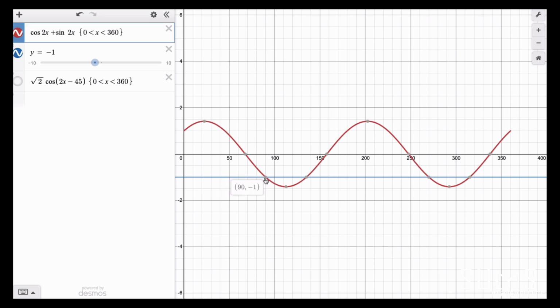If we look at all the points where this graph crosses that line of y equals -1, they're like we calculated: 90, 135, 270, and 315. So we need to divide through by 2 to get this exact answer, because you need to think about this graph as being repeated twice.